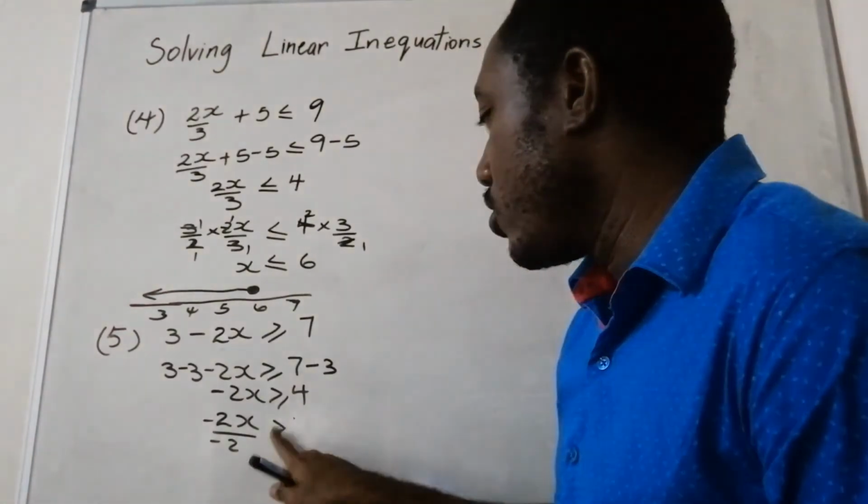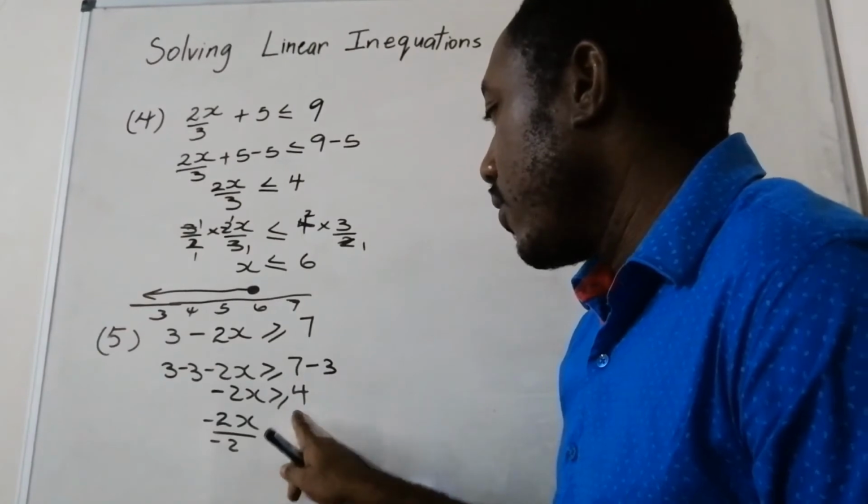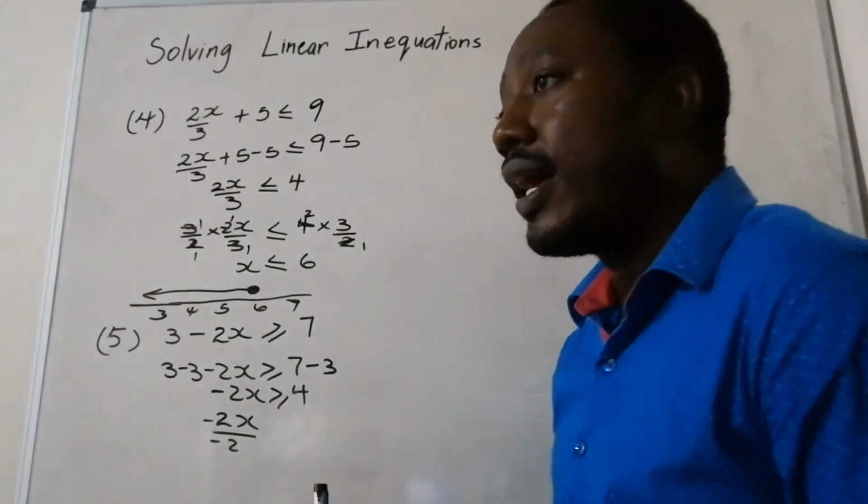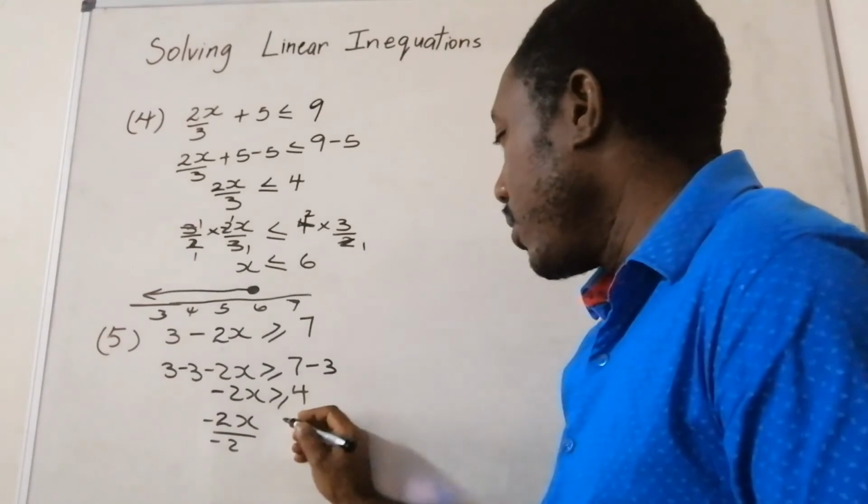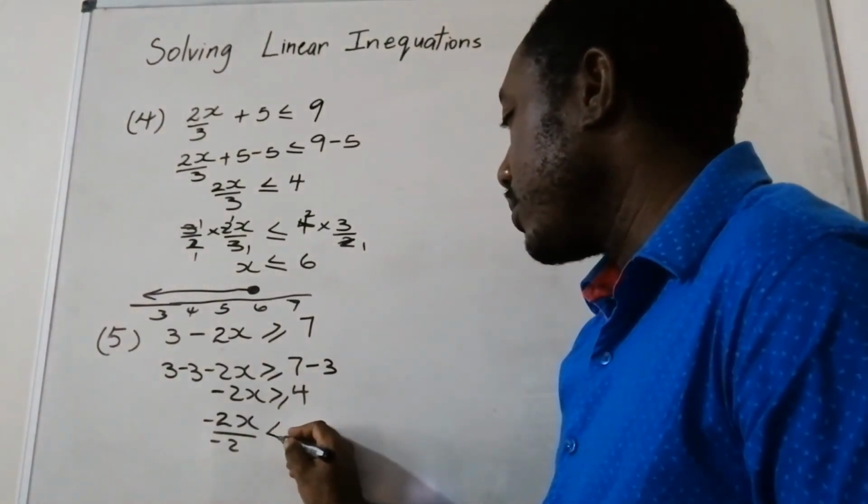Our sign will change direction, right? So once we have to multiply or divide by a negative number, our sign changes direction.